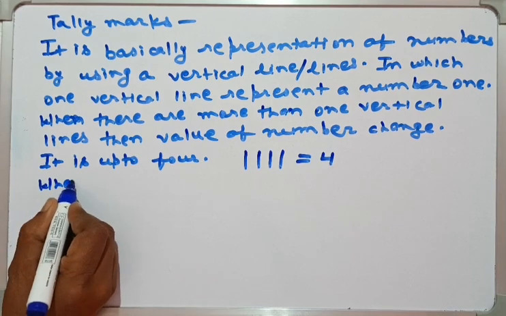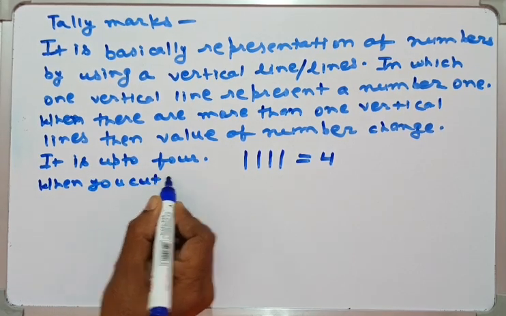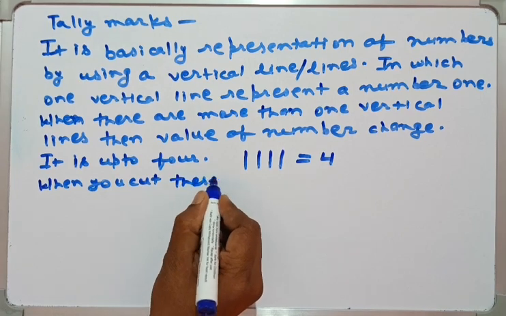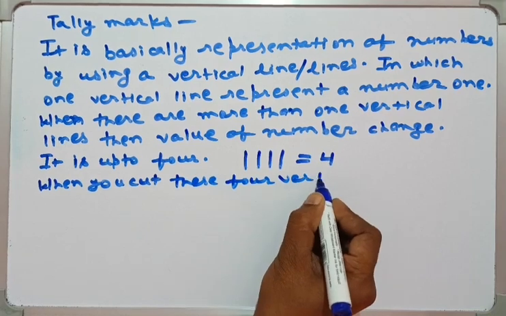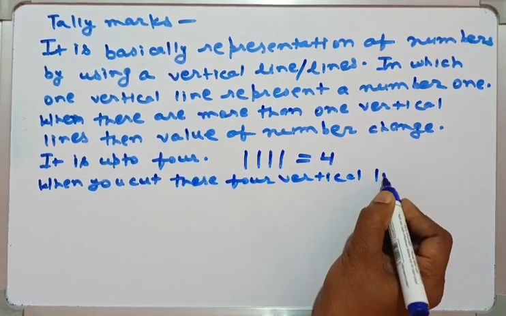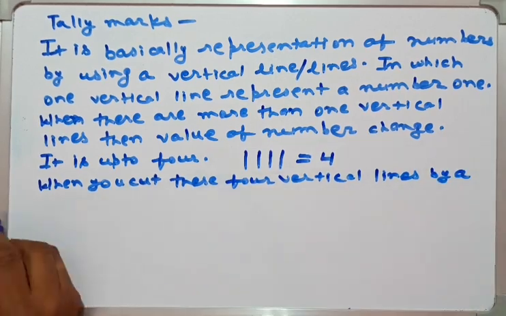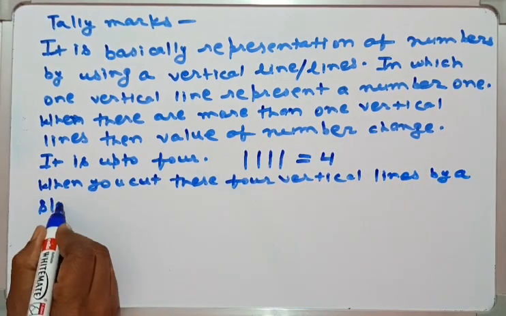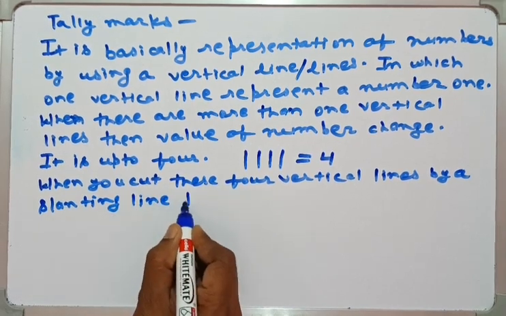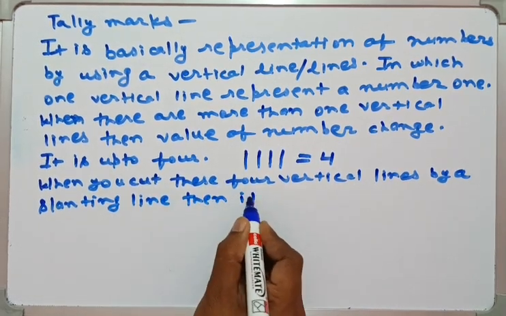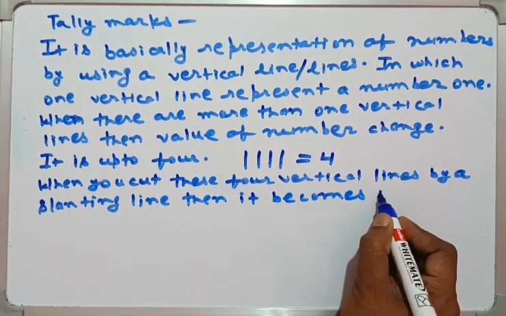When you cut these 4 vertical lines by a slanting line, then it becomes 5.